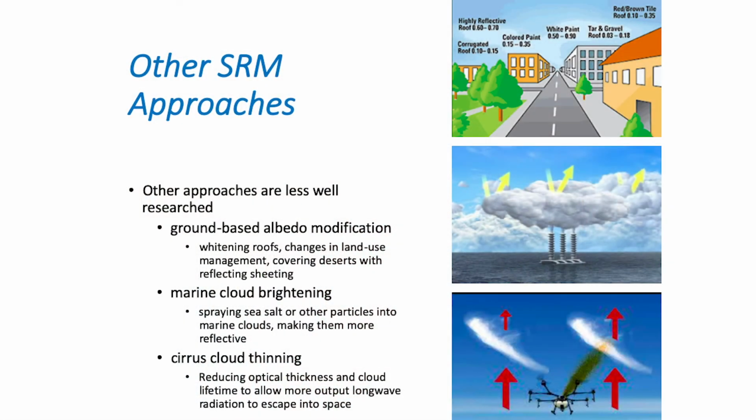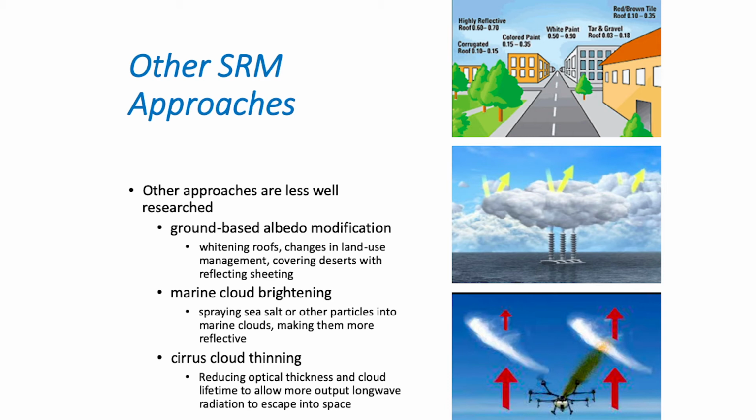Other, less researched methods include ground-based albedo modification, which changes the fraction of solar radiation that is reflected through more reflective surfaces, like whitening rooftops. Another SRM method is marine cloud brightening, that through the direct injection of sea spray particles make clouds become brighter, reflecting a fraction of the incoming sunlight back into space.